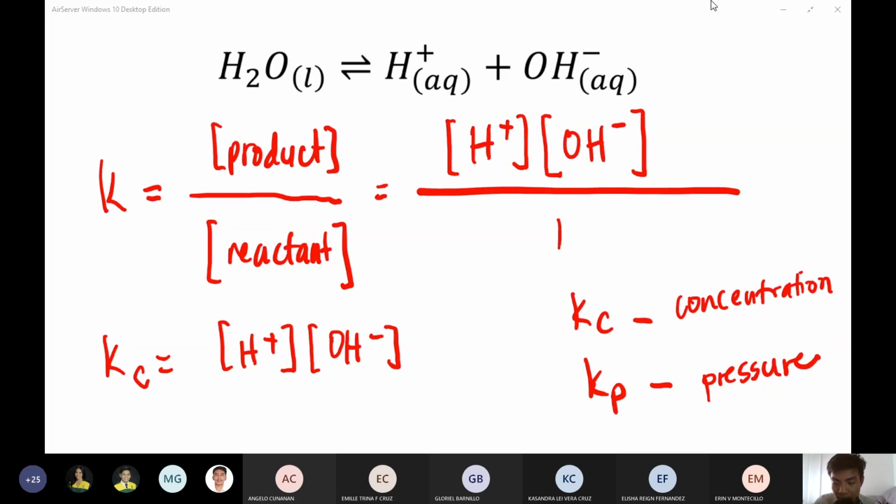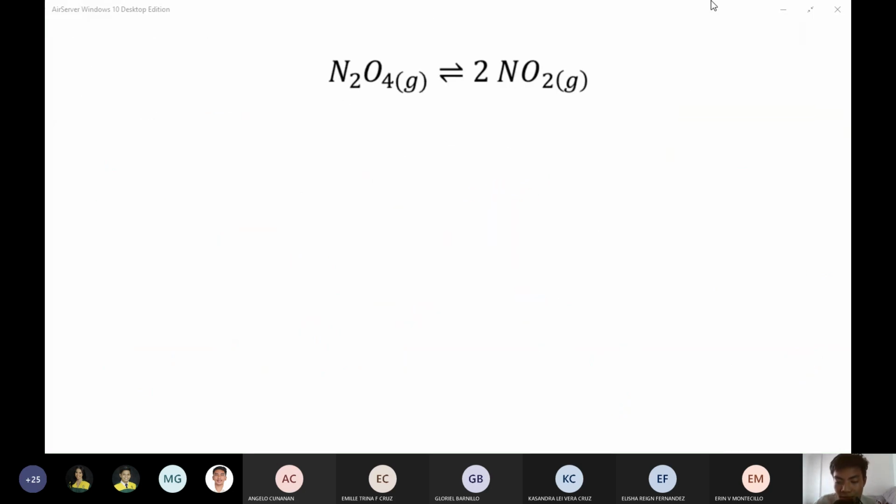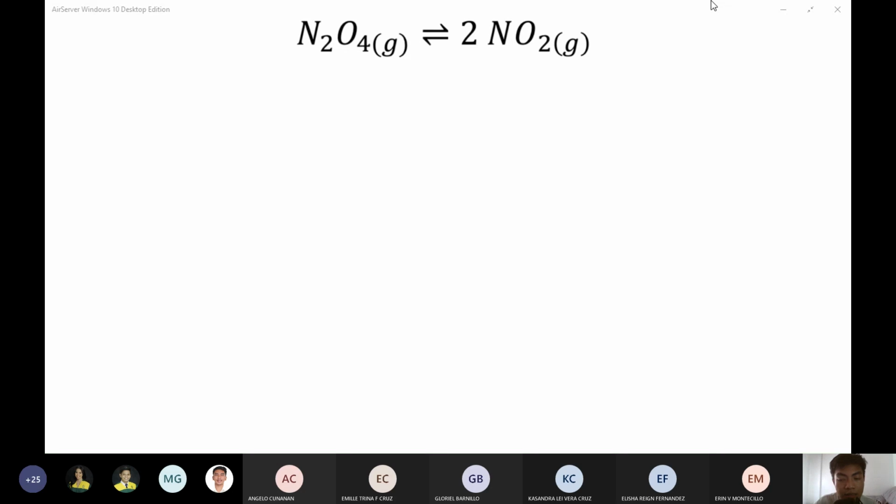Okay, so let's have some more examples. We have dinitrogen tetroxide in equilibrium with 2 moles of nitrogen dioxide. Both of our species are in the gas phase. So that means we can write both the Kp and Kc expressions. Let's write the Kc first.